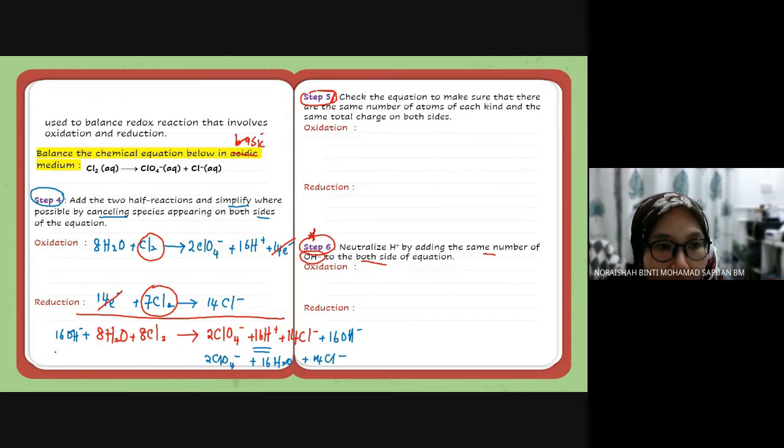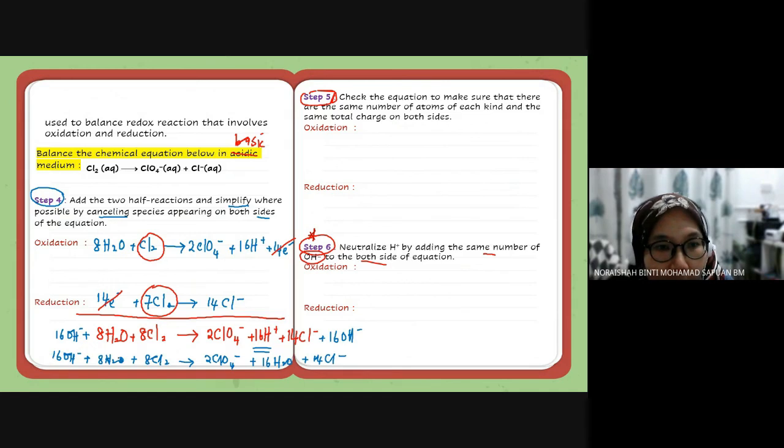Okay. So dekat sini ada 16 OH minus plus 8 air plus 8 klorin. Okay. So kalau you perasan kat sini, kita dah form OH minus. Okay, dalam keadaan basic lah ni. Ni dah jadi basic dah.